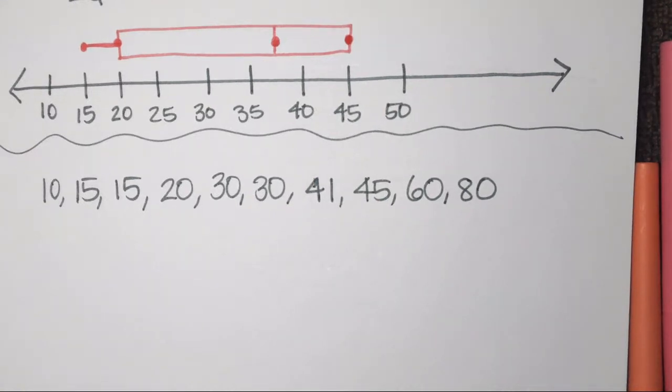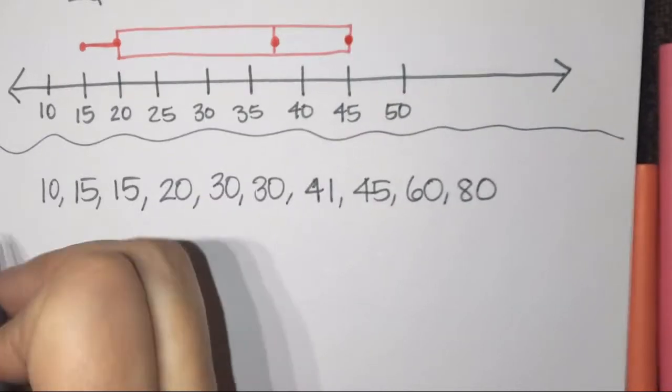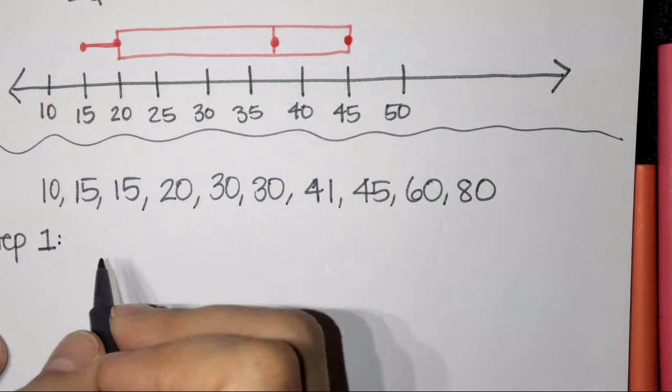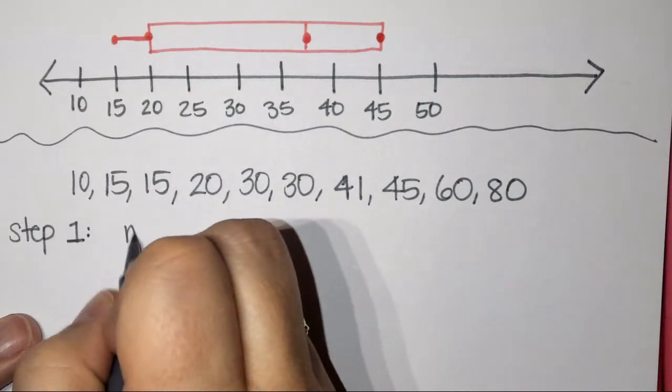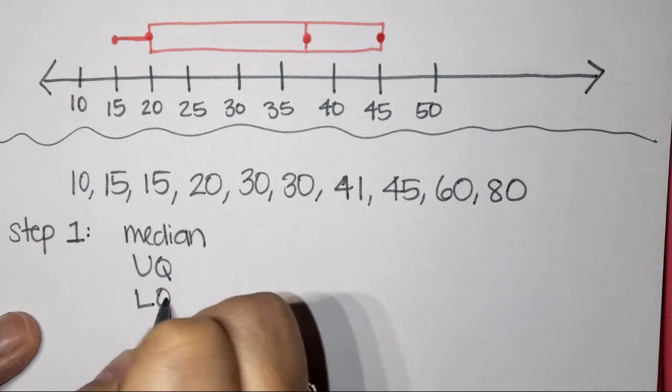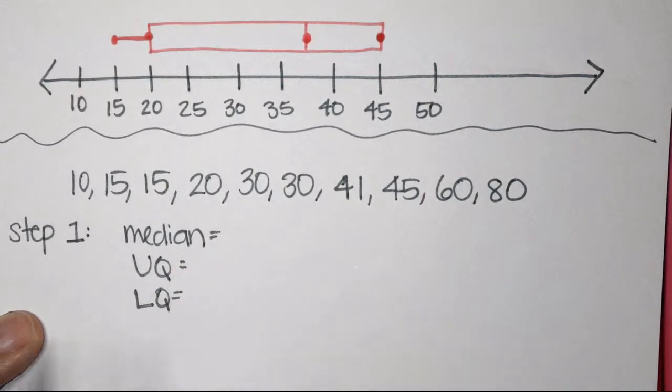So, this time we're going to write us a couple of steps. Now that I've walked you through the whole process, step 1, I want to find my median, upper quartile, and lower quartile. So that's the first thing. I want to find those 3 values.